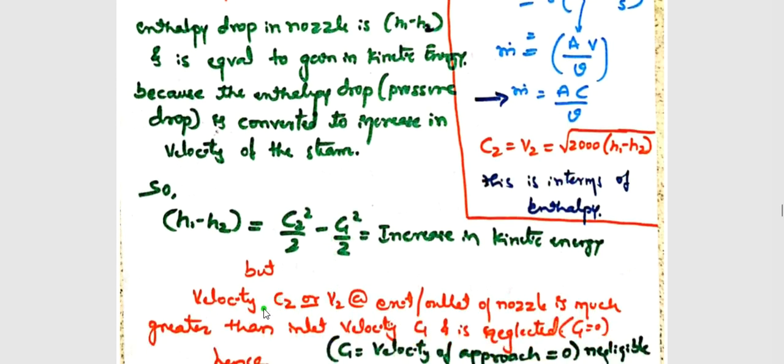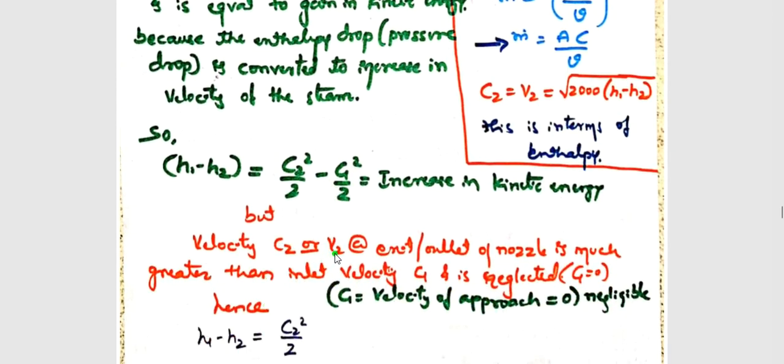But velocity C2, or you can take V2, at exit or outlet of the nozzle is much greater than inlet velocity, because at the inlet of the nozzle velocity will be too less but pressure will be too high. So too less that we can neglect the velocity. And dear students, I have written it as 0, mathematically I will take it as 0, but velocity will not be 0. Here instead of writing negligible, we will substitute the value of C1 as 0 only.